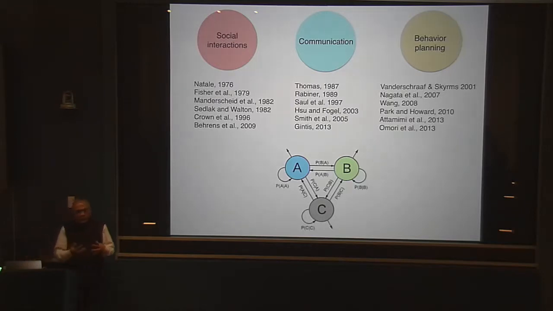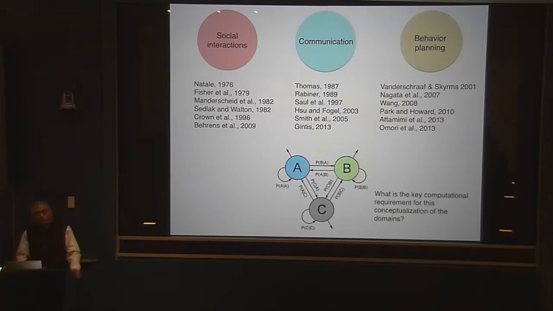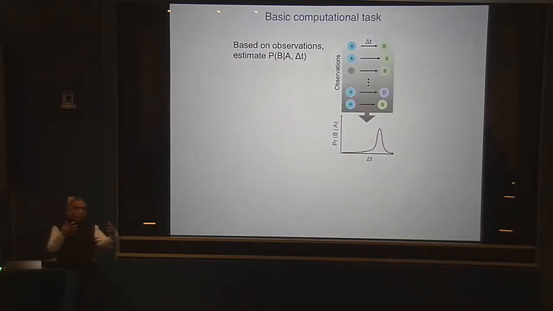So the idea is that in order to do well in any one of these domains, what you need to do is, based on your sensory experience, the statistics of the environment that you're gathering, you are estimating these transitional probabilities. And that's what's shown schematically here.